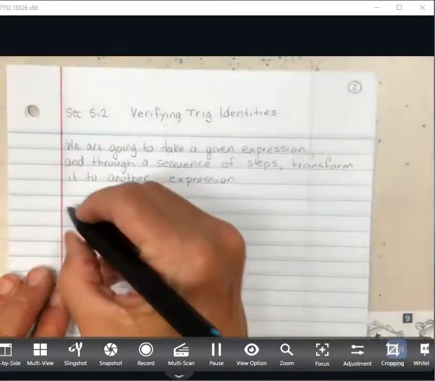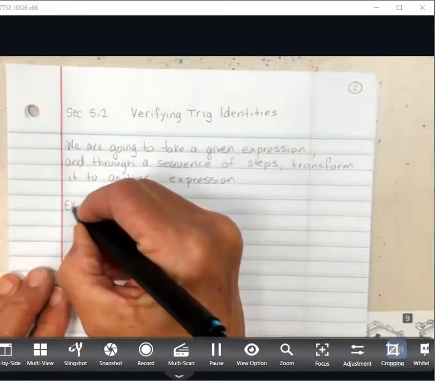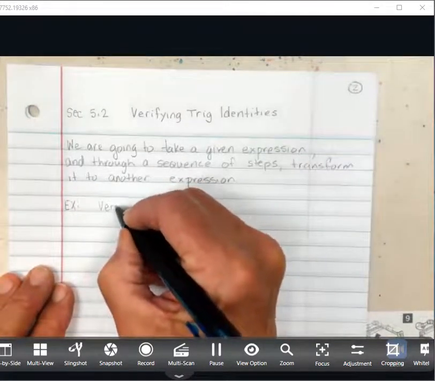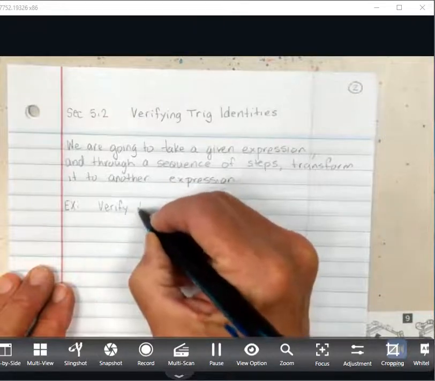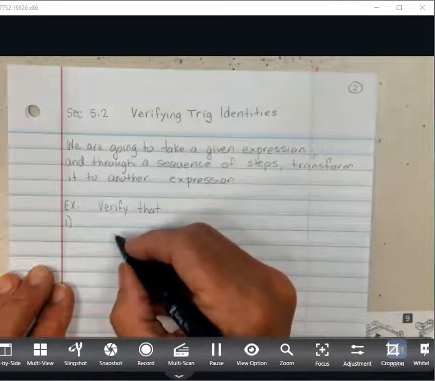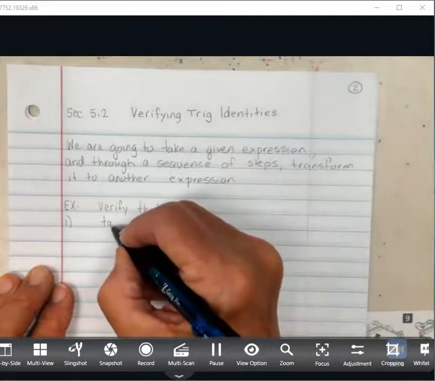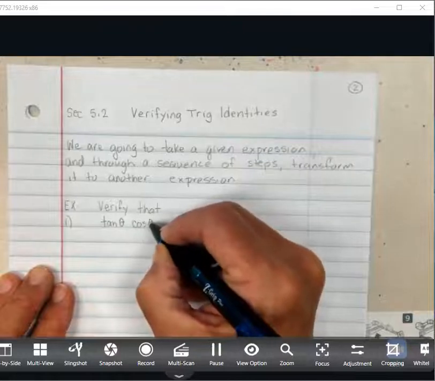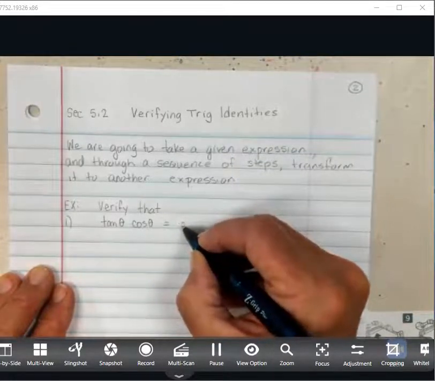So in my first example, I want you to verify that when I multiply a tangent with a cosine, I'm going to get a sine.